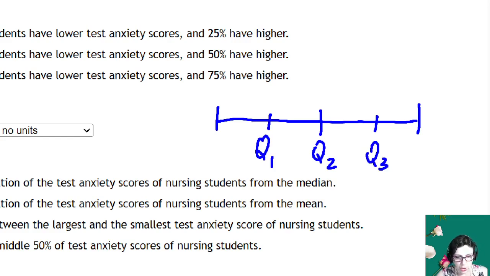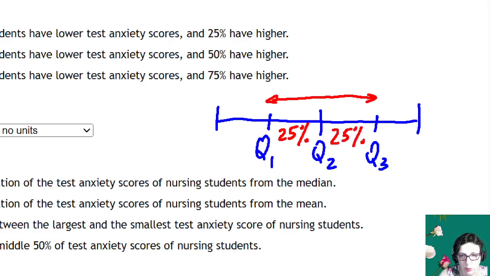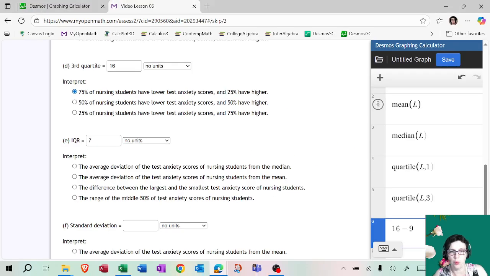The IQR is the difference between these two. And because this is 25% between Q1 and Q2, and there's another 25% between Q2 and Q3, the total between the quartiles is 50%. So this is the range of the middle 50% of the data. That's how we interpret the IQR. The range of the middle 50% of the data.